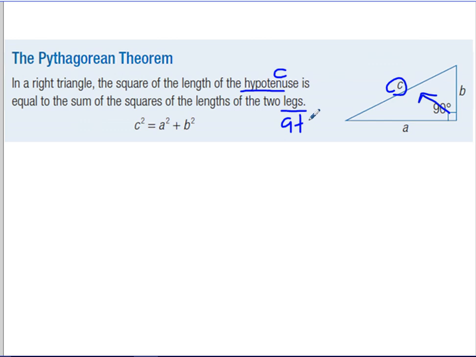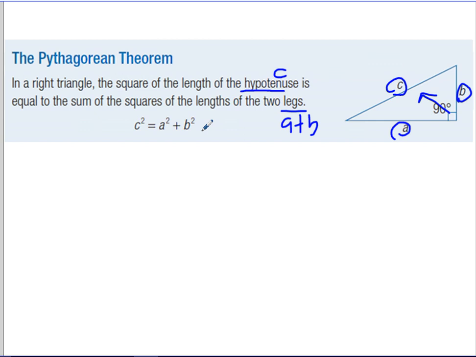And it doesn't matter which one you use first, but it's saying that if I take the length of the two legs and add them together after they're squared, that is going to give me the same number as the square of the length of the third one. And so when you do this, notice you're going to get C squared equals A squared plus B squared.